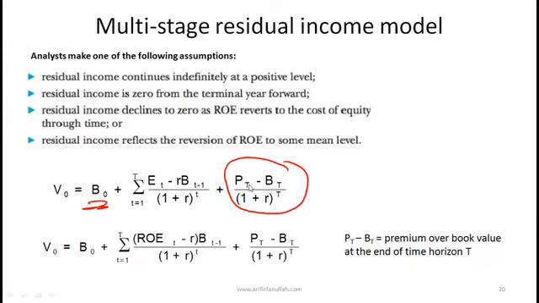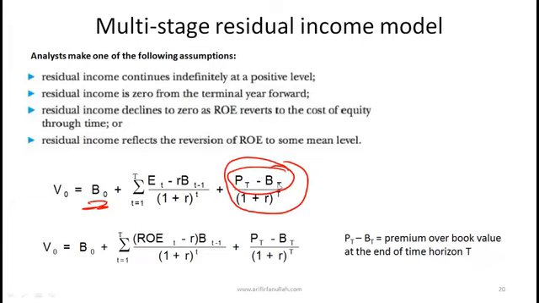So this is a measure of your residual income from time t onwards. You are saying that all the residual income from time t onwards is captured in this term, the price of the stock minus the book value at that time.